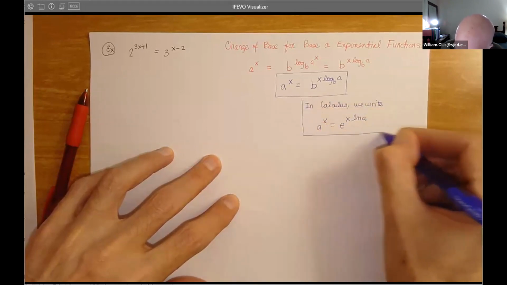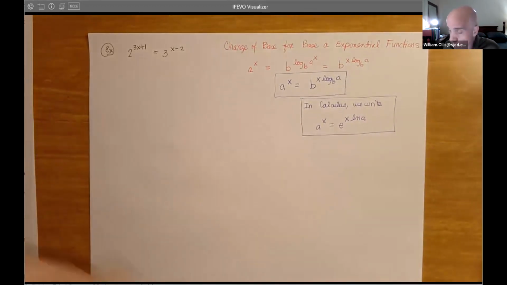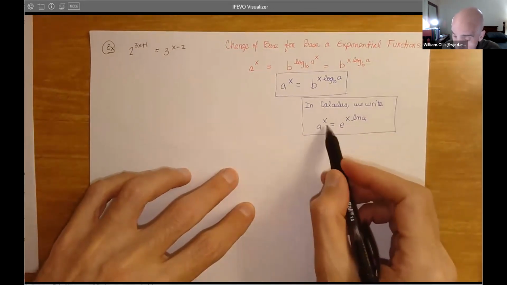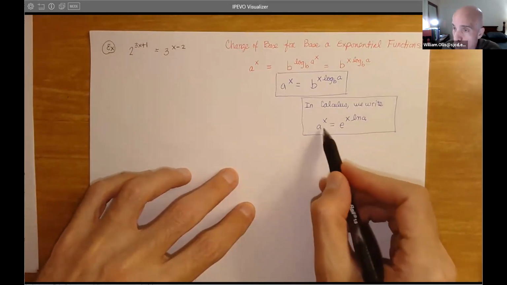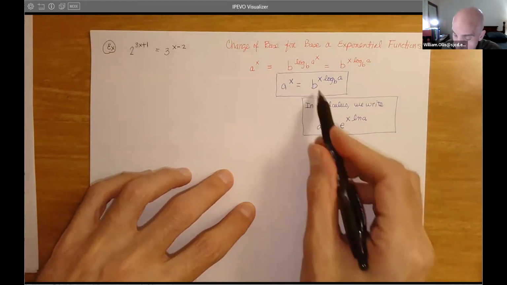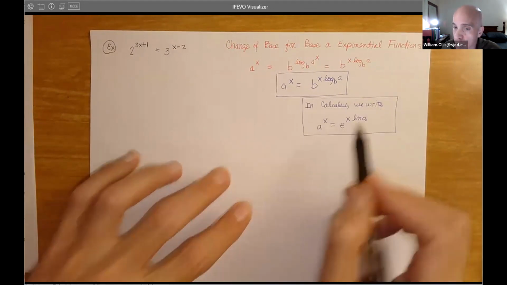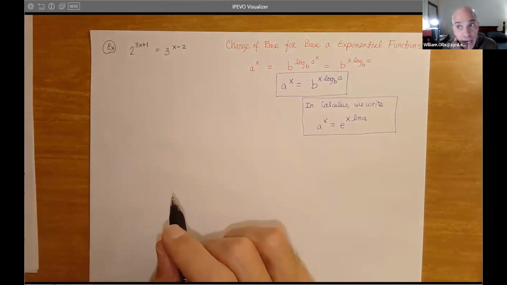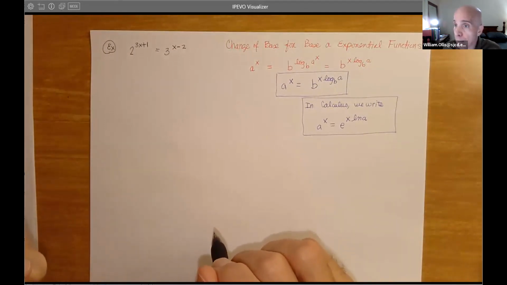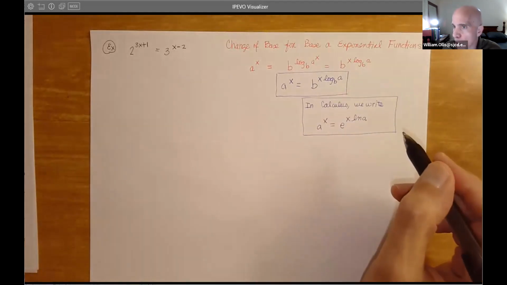For the calculus version, we only produce it for the base E, or the natural exponential, and then we can transfer it to any base. So we just do a specific b, which is the natural base. This is the construct that you will use often in calculus, just like the one I gave you for the logarithm, changing to the base E logarithm. So again, you see it's all connected, it's all related.